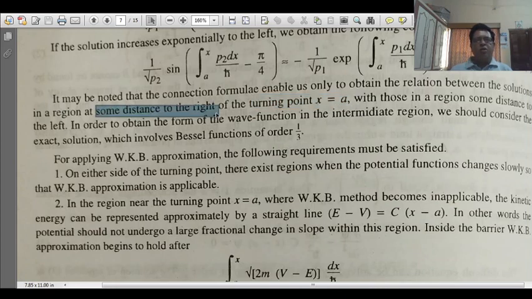To obtain the form of the wave function in the intermediate region, we should consider the exact solution, and this involves a Bessel function of order 1 by 3.